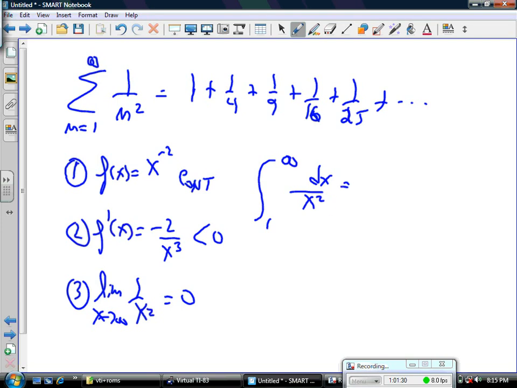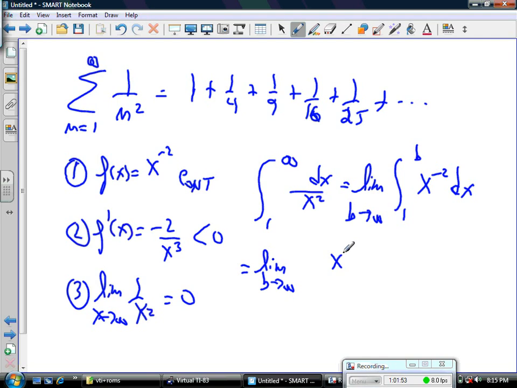So, let's do it. You rewrite this as the limit as b goes to infinity of the integral from 1 to b of x to the negative 2 dx, because you know the power rule for integrals, right? So that becomes the limit as b goes to infinity of x to the negative 1 over negative 1, which is just negative 1 over x, really, right?